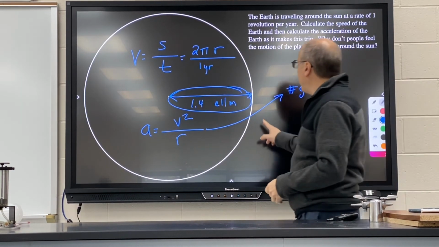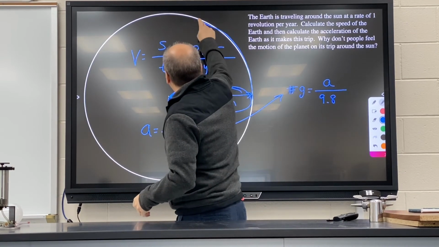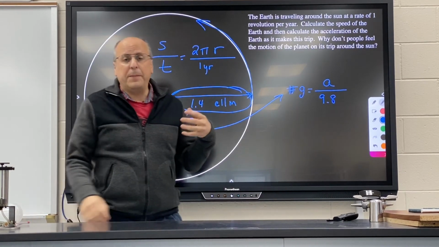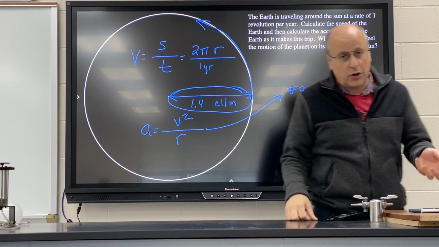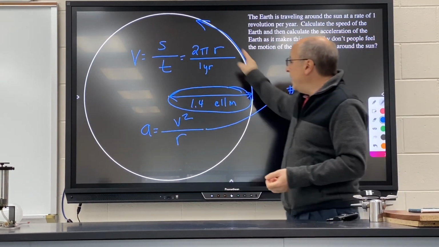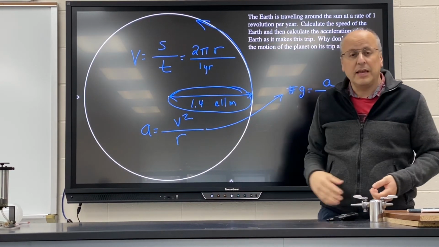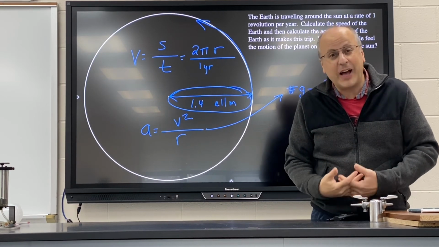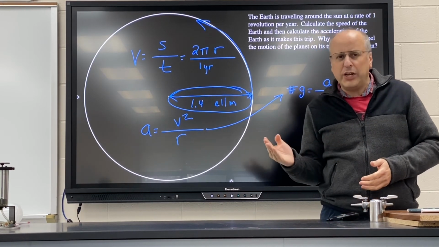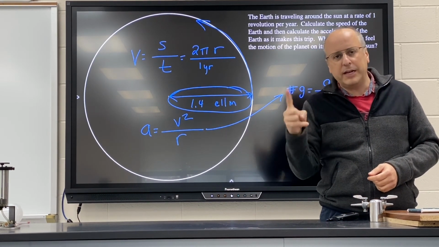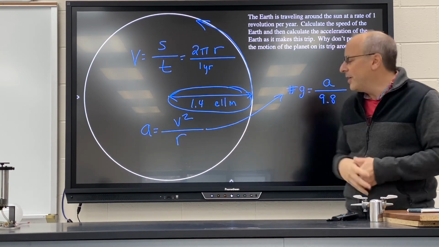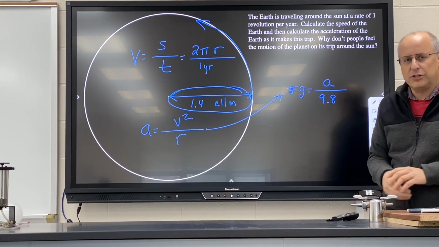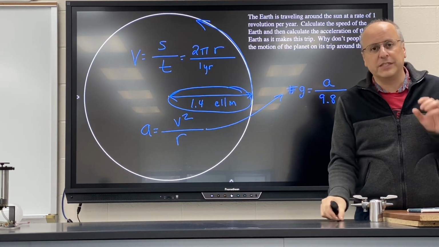I hope you realize it's because it's a big circle that we're barely changing direction at all. 360 degrees in about 365 days means we only change direction by about 1 degree per day. All right, so a very small acceleration, a very small physical sensation.